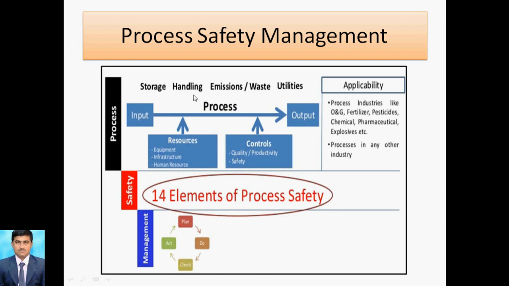How to store it, how to handle it, how to emit it, and what type of waste is there after burning, or after releasing or using this process. So this type of knowledge we can take for conversion of input to output. Then and only then will the resources be well evaluated, or we can say well maintained.